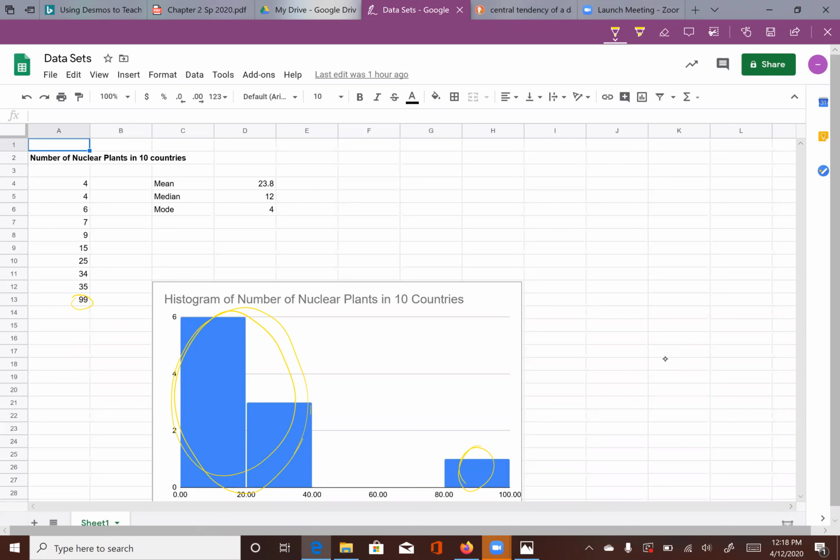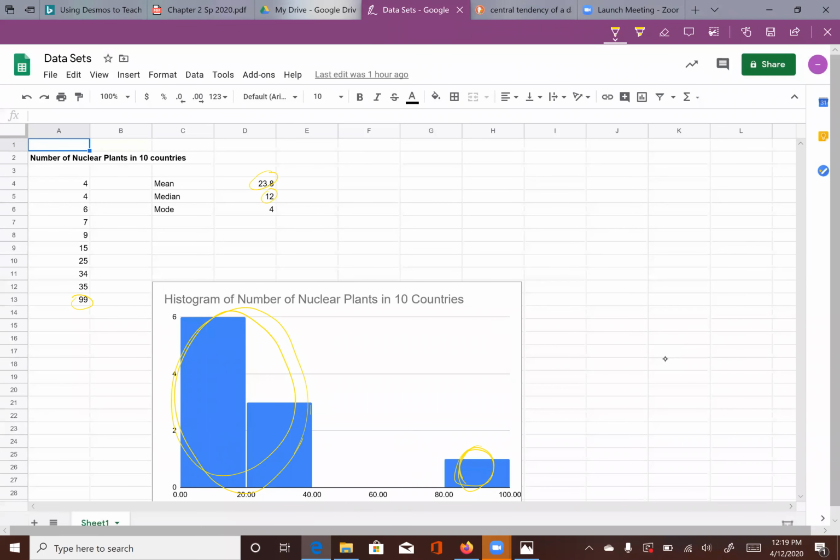If there is an outlier, then this outlier will greatly affect the mean of the data set. You can see that the mean is 23.8, whereas the median is only 12.